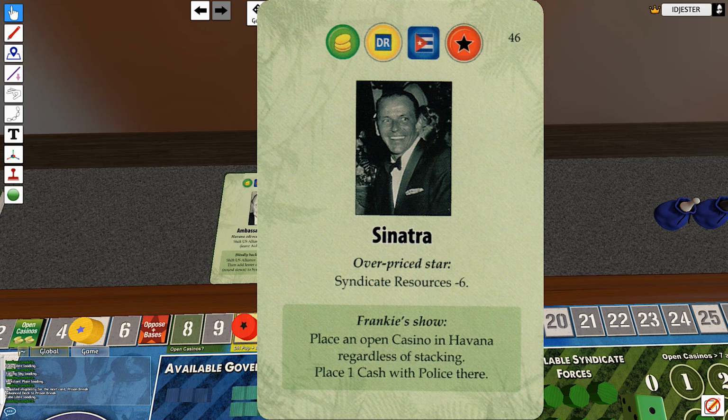Most of the time, one event is going to be good for your side and one event is not, so you're not going to really have 2 chances at it. Normally, if you're the green player, in this case, the syndicate, the event usually is going to be the shaded one. You can play either one. If it only has one event on there, then you can only choose to play the event or not.